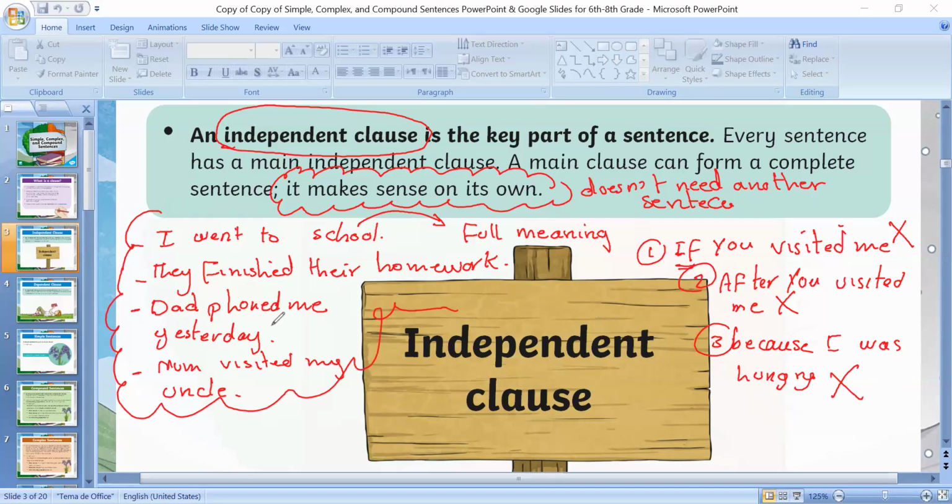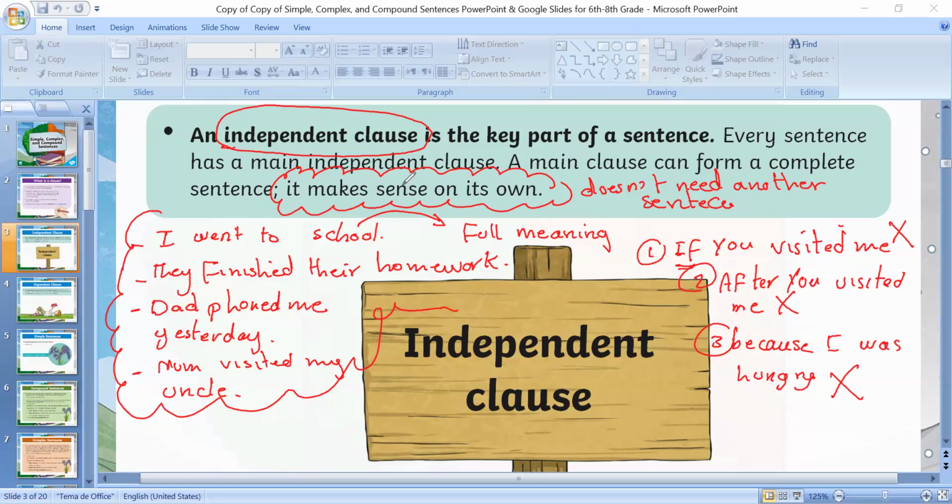I hear you. Okay, I asked a question. Am I right when I say this group of sentences are independent clauses? Yes. Why? Because they don't need another clause. They have their own meaning. It makes sense on its own. Excellent. Great, Ammar.